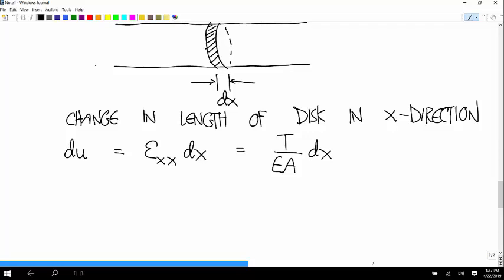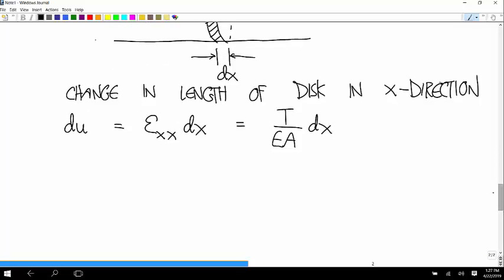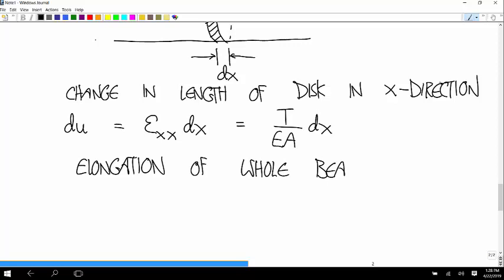And so the elongation of the entire beam, U, is equal to the integral from 0 to the length of the beam of T dx over EA.